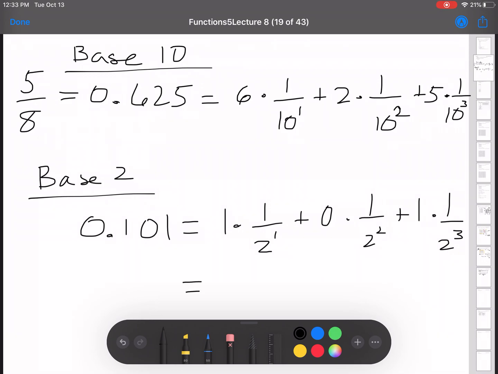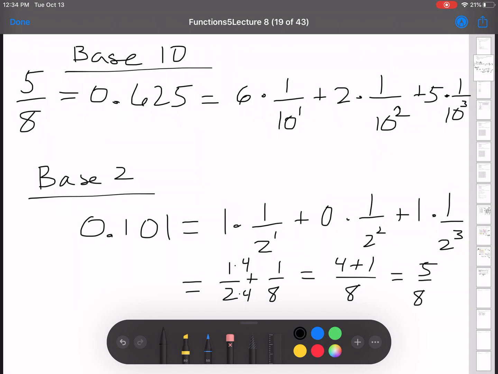We can figure out what this is. This is 1 over 2 plus 1 over 8. Getting a common denominator, that's 4 over 8 plus 1 over 8, or 5/8.